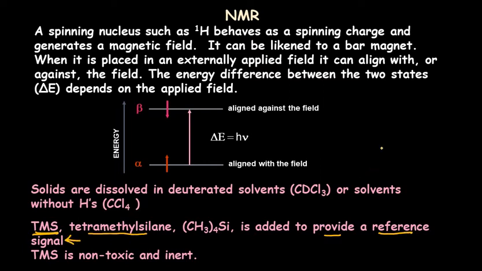Now first let's study the structure of tetramethylsilane. A silane is a silicon element which is bonded to 4 methyl groups. That's why we call it tetramethylsilane.